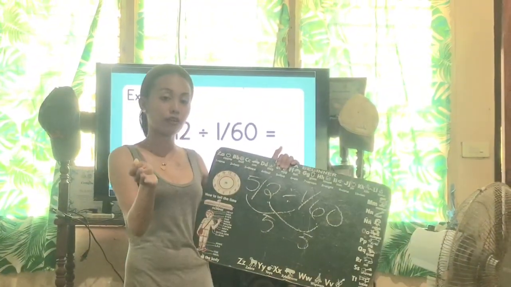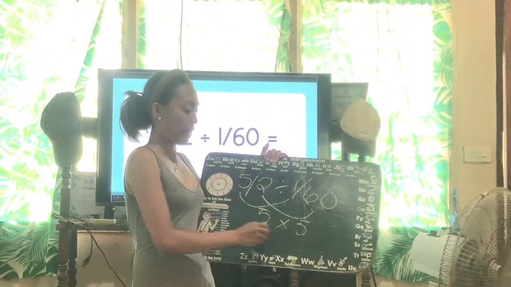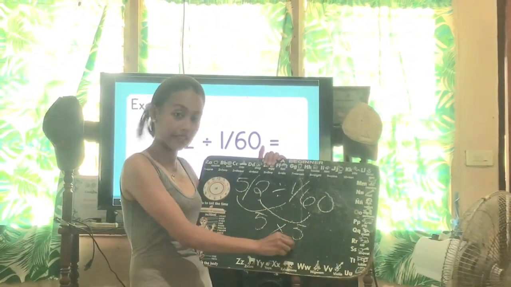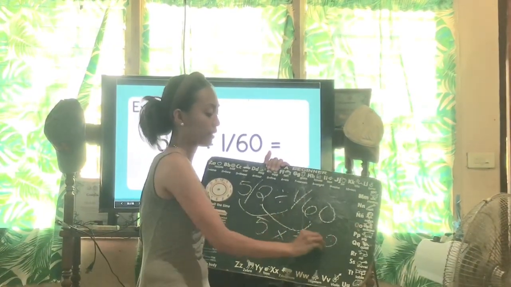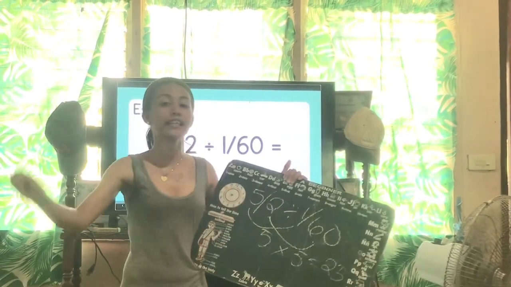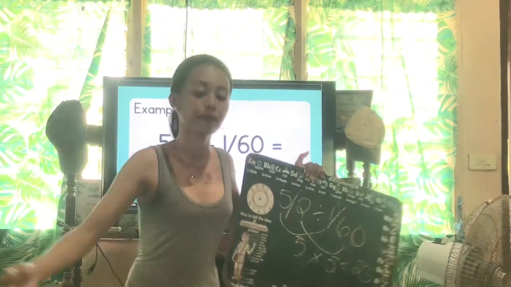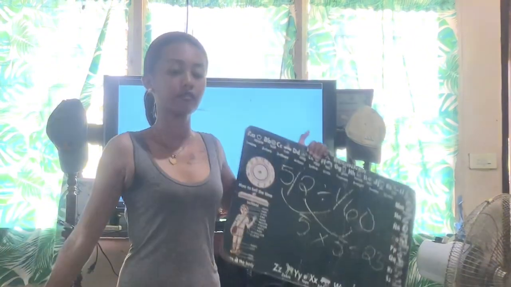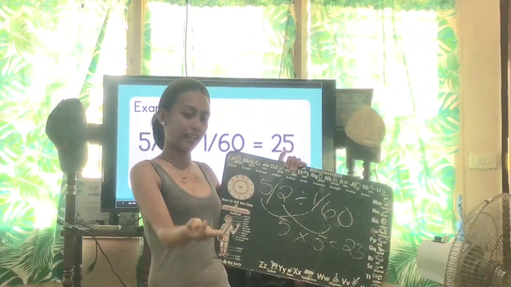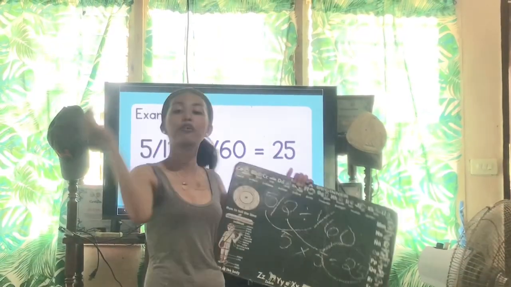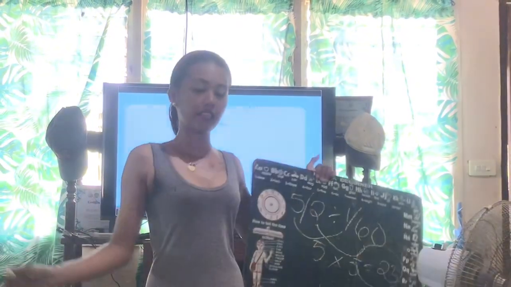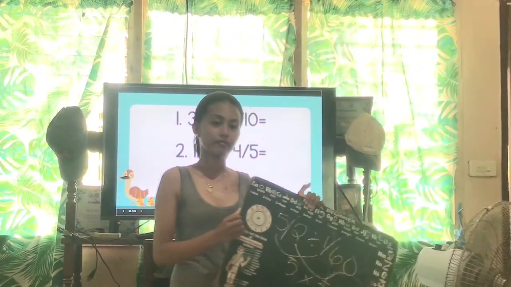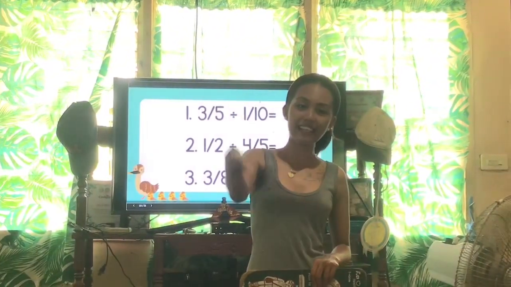So we need to multiply. 5 times 5 is, okay, very good, 25. So the final answer here is 25. So correct. The next one. Do you get it, class?